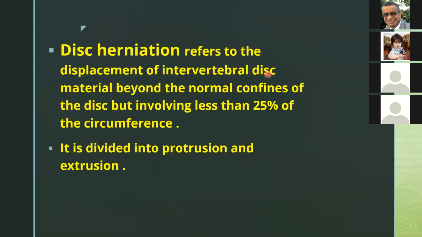Disc herniation refers to the displacement of the intervertebral disc material beyond the normal confines of the disc, but involving less than 25% of the circumference. It is divided into protrusion and extrusion.